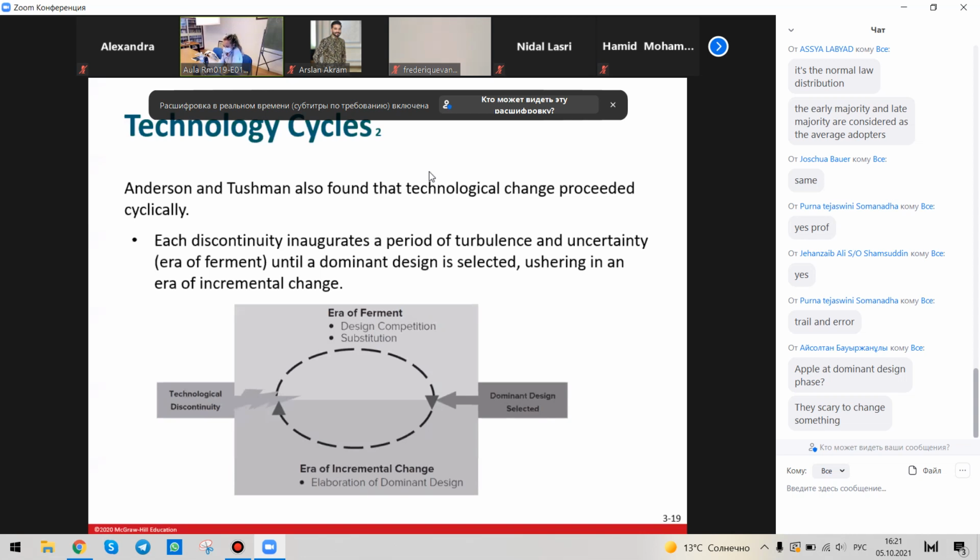Well, I don't know that Apple is scared to change something. I just believe that they want to be sure not to lose money on innovation like they did in the past. I don't know if you have ever heard about the Apple Newton.